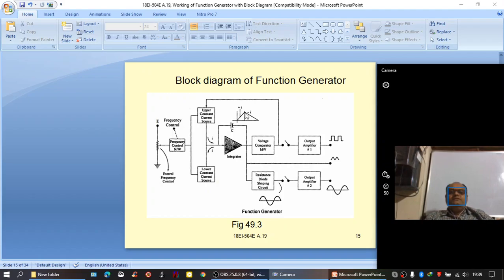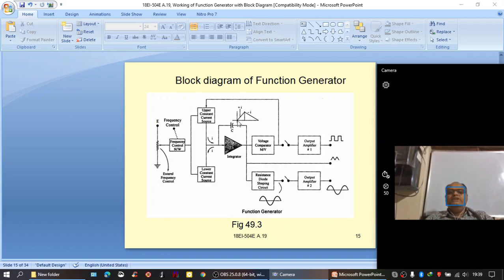Now this negative cycle continues till the capacitor voltage becomes 0. The moment the voltage on the capacitor becomes 0, the output of the voltage comparator multivibrator once again goes high. When the output is high, the lower constant current source is turned off and the upper constant current source is turned on.